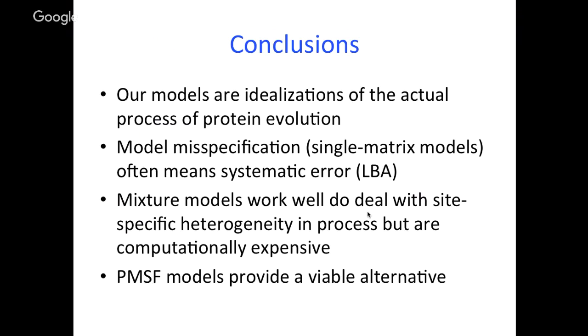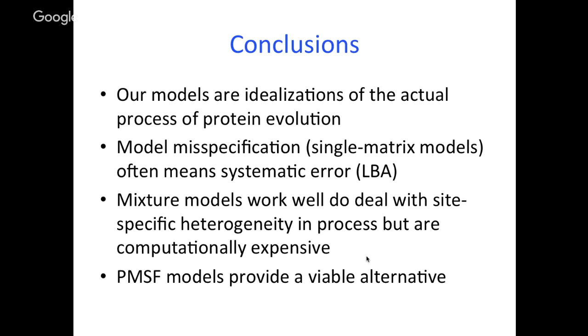They've served their purpose, but there are a number of key model improvements that have been made in recent years that can actually help improve estimation. A frequent problem that occurs in real data is that when you get the model wrong, you will get systematic error, that is long branch attraction. And as you get more and more data, you will converge on the wrong answer. That is, the long branches going together.